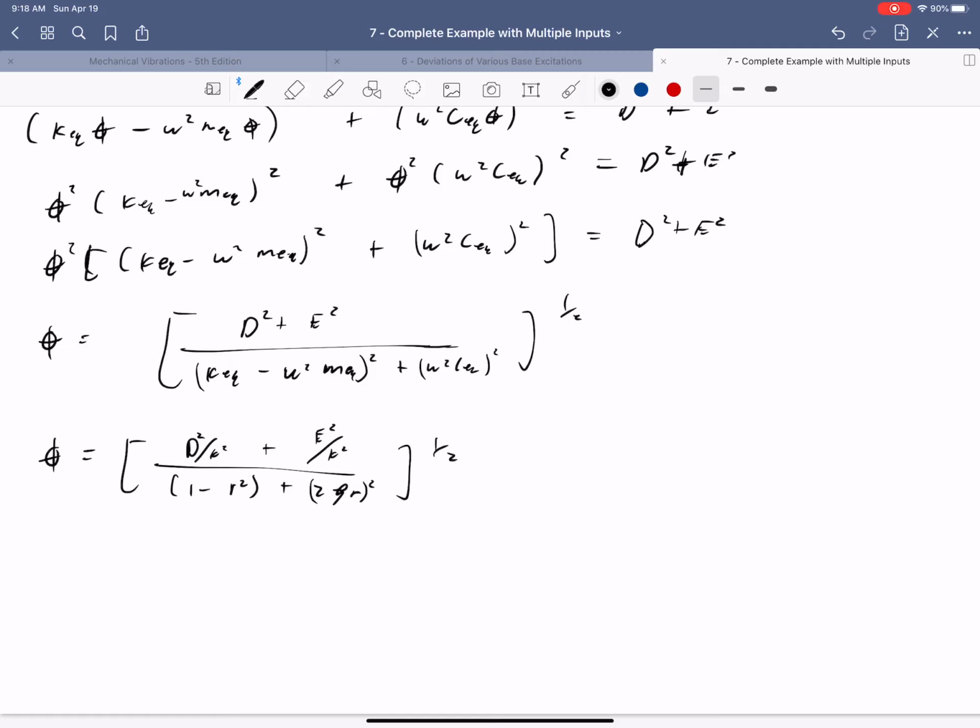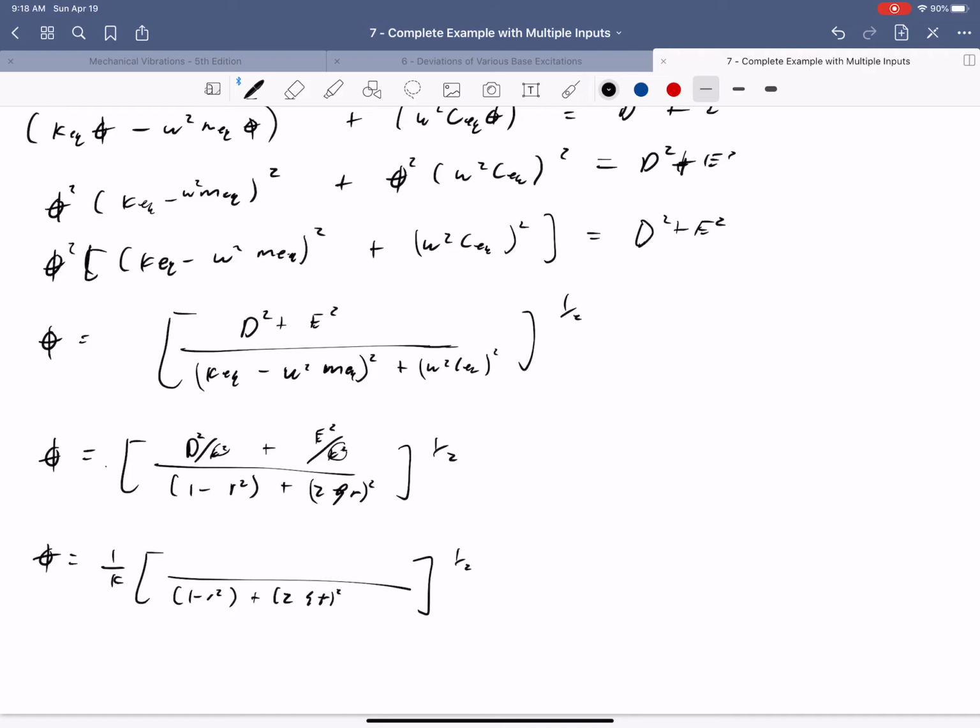Okay, and now let's go in and substitute in what these d and e are. So I'm going to pull these squares out over here. So theta equals 1 over k times 1 minus r squared plus 2 zeta r squared. Let me make that a little bit neater. Okay. And then, so the 1/2.